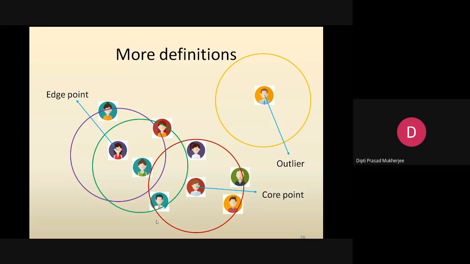So I can discover in this data set through density clustering that there are 2 clusters. One cluster consists of 1, 2, 3, 4, 5, 6, 7, 8 points, and the other cluster consists of only 1 point, the yellow one.